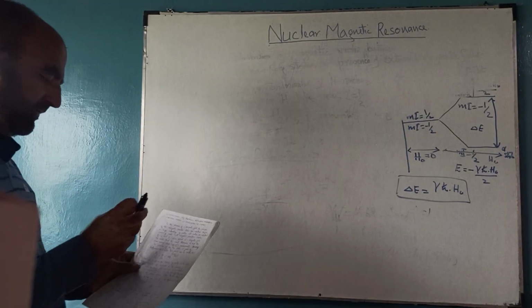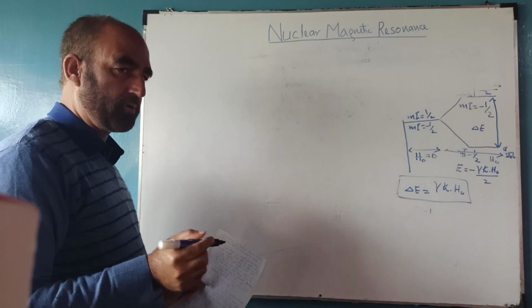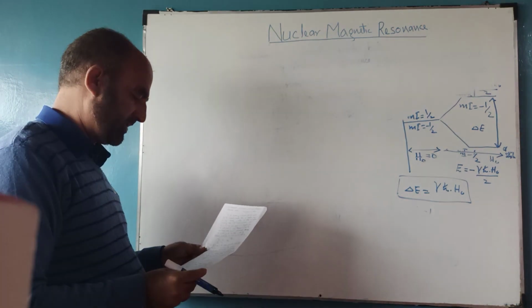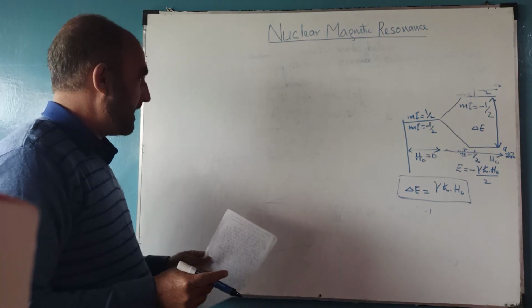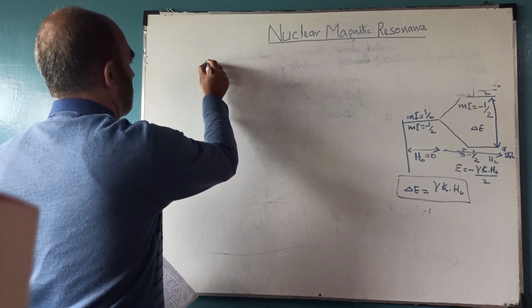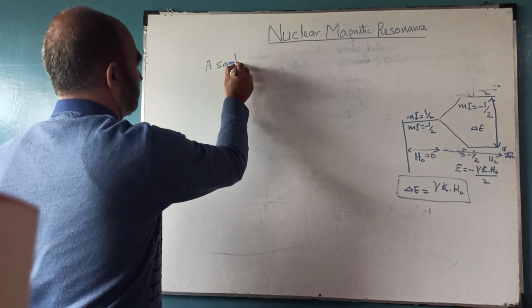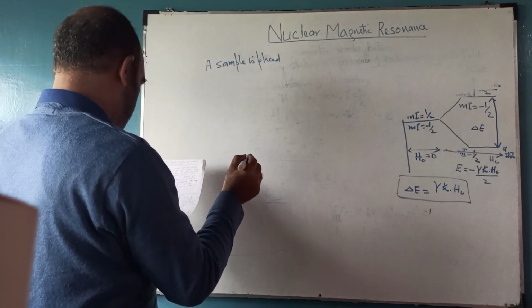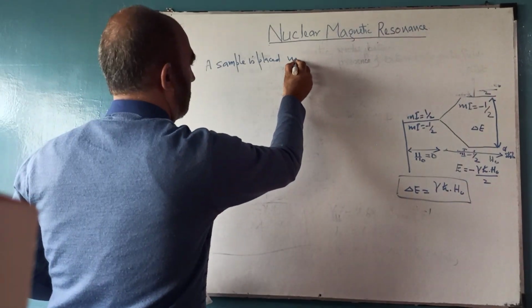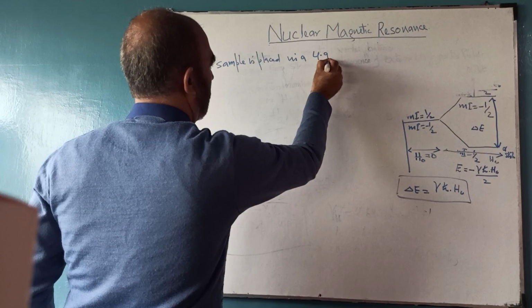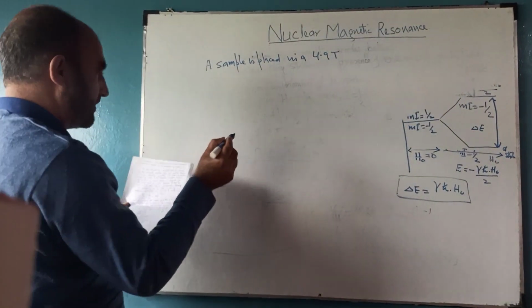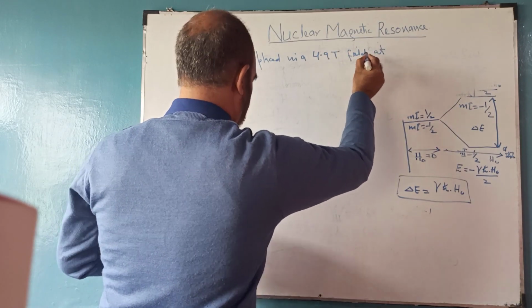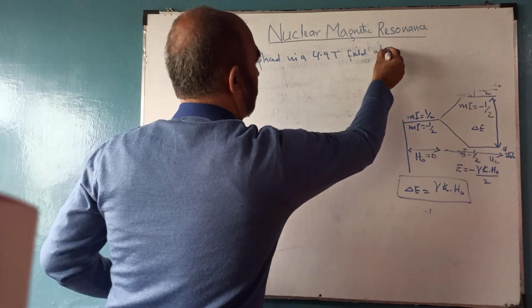Now, for example, we will calculate the relative number of protons in the two quantum states, the higher magnetic quantum state and the lower magnetic quantum state, when a sample is placed in a 4.9 Tesla magnetic field at, say, 293 Kelvin.